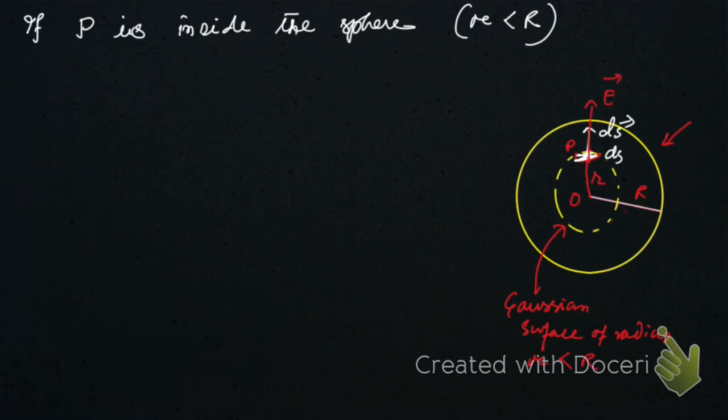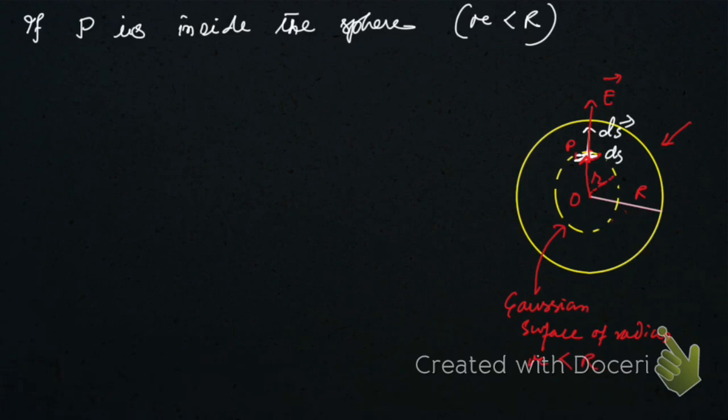The radius of this Gaussian surface is small r.